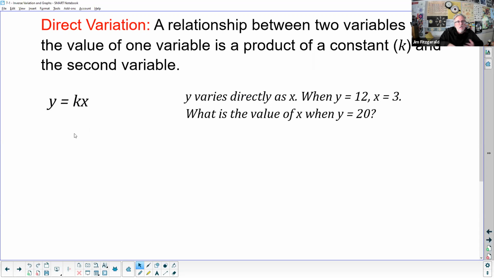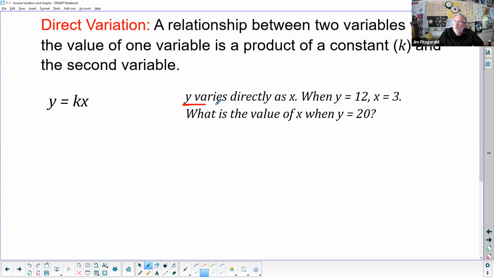So it just means the variable of that relationship times some number. So if I know that this is a direct variation, my y value is just my x values times some number. If I know what that number is, I can figure out everything I need to know about that equation.